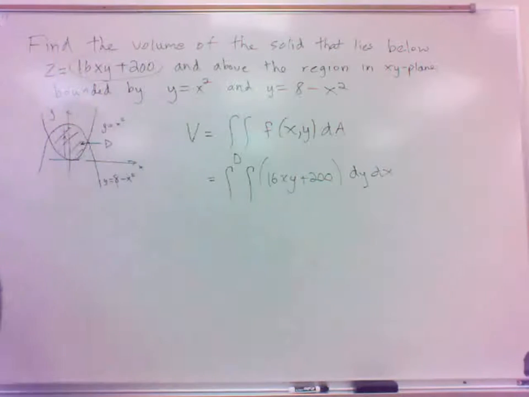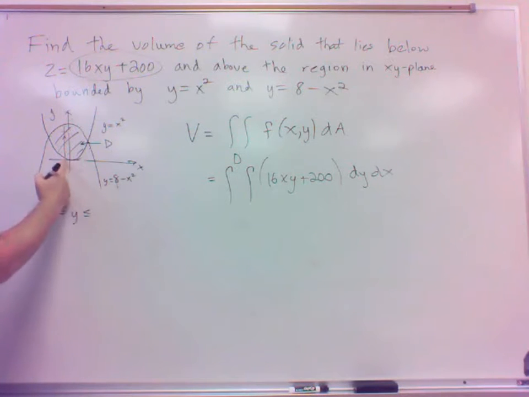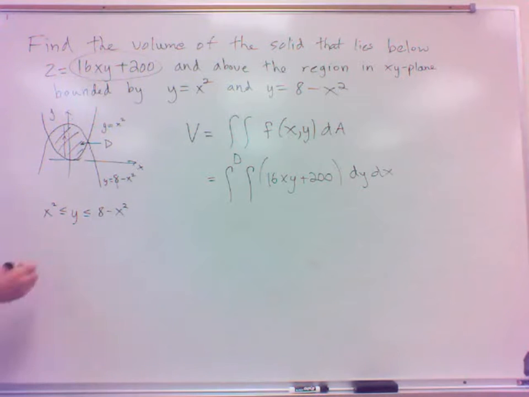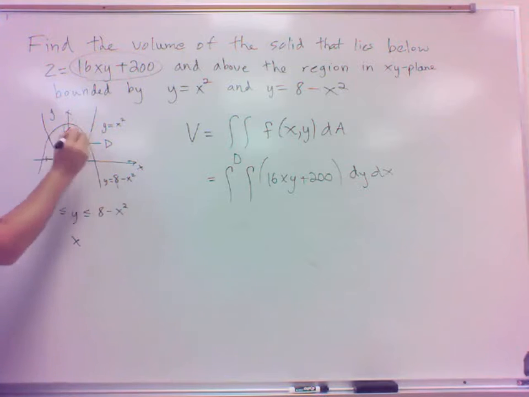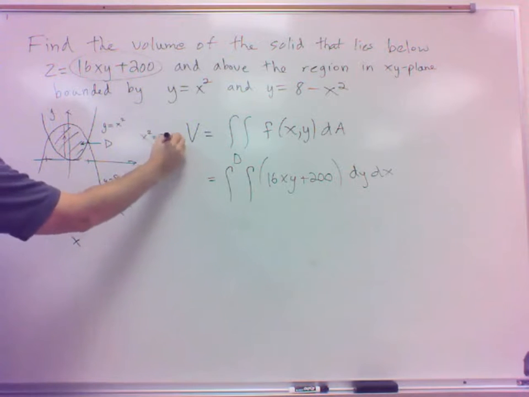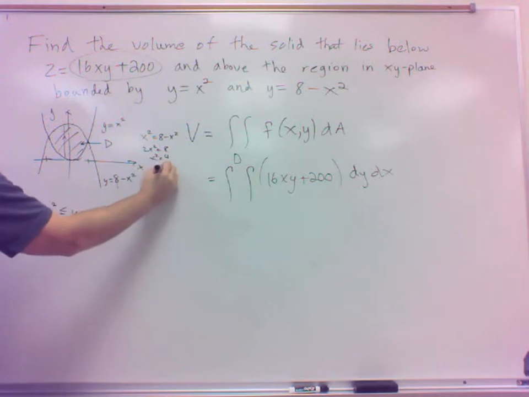Okay? All right, so like we said, the y's would run from the bottom one, x squared, and then 8 minus x squared would be the top one. And then my x's would range from wherever these two graphs intersect, and that would be where x squared equals 8 minus x squared, which would be 2x squared equals 8, which would be x squared equals 4, and so that would be positive 2 and negative 2.